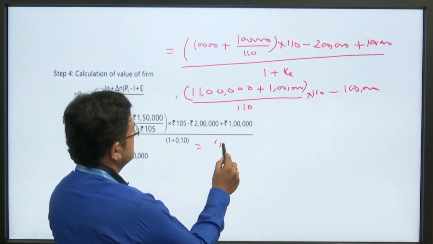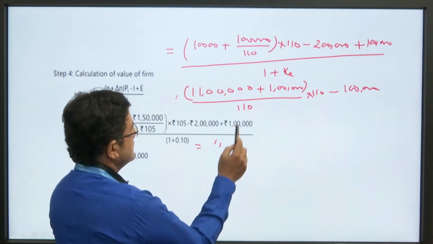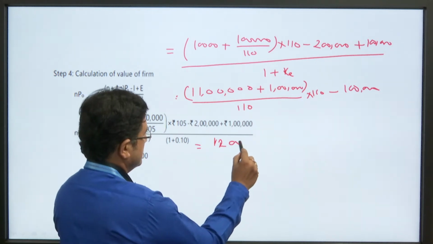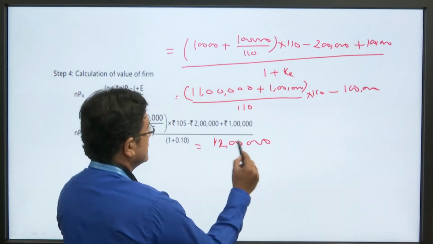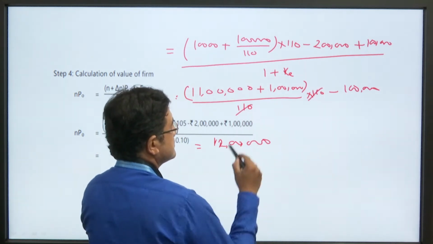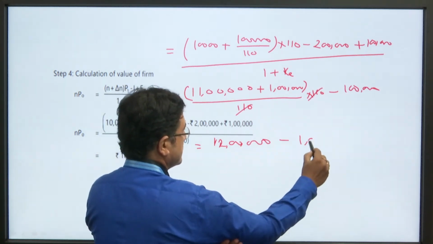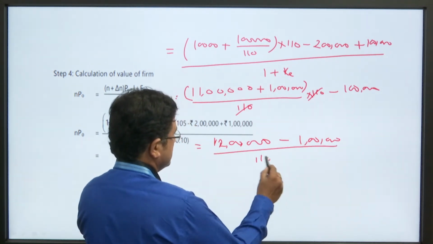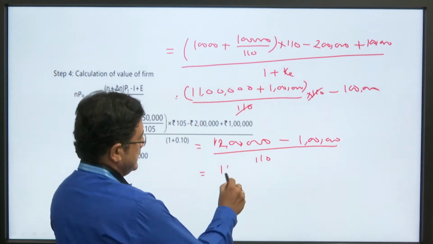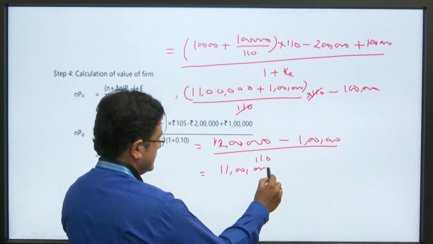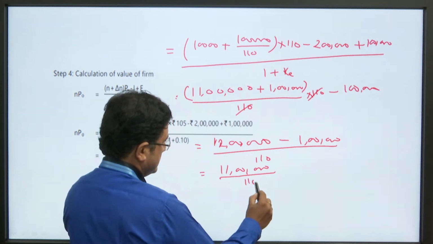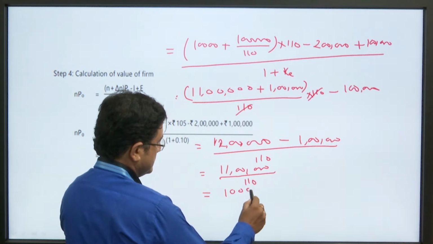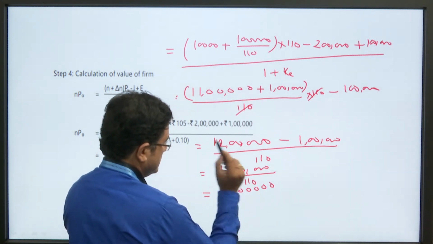1 lakh, 11 lakh plus 1 lakh, 12 lakh. Cut this, minus 1 lakh divided by 110, again 11 lakh divided by 110, this equals this.